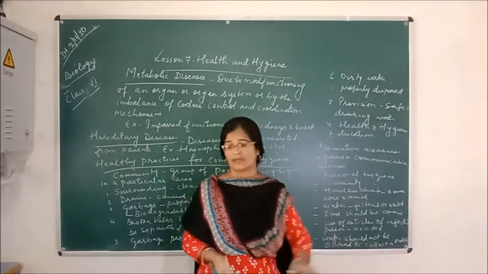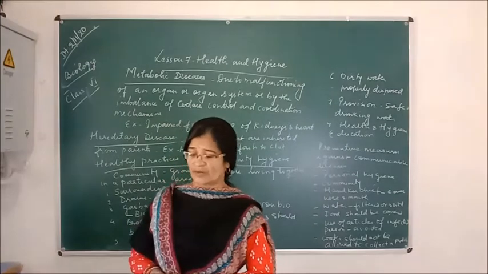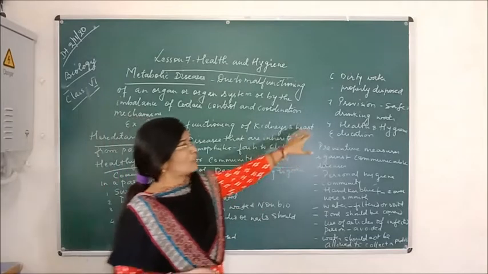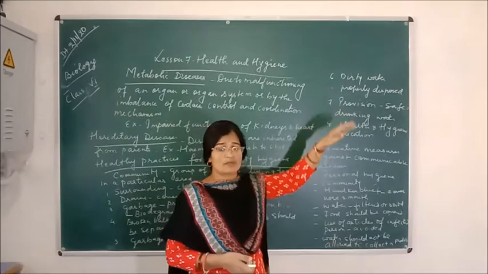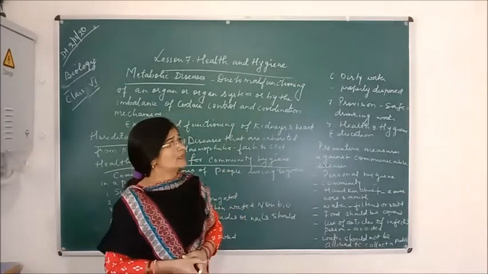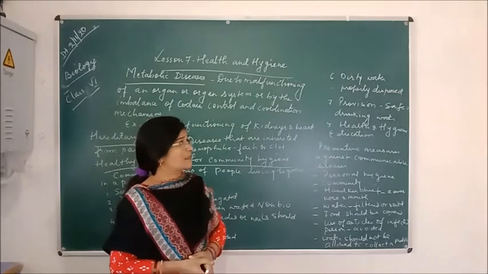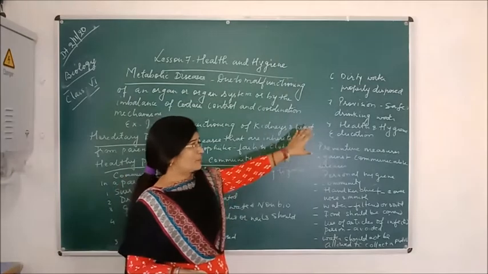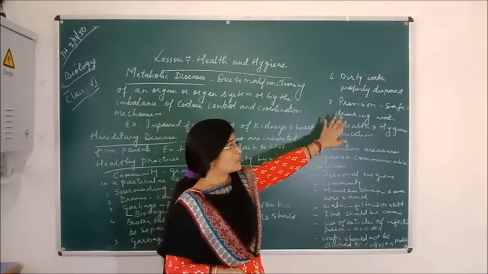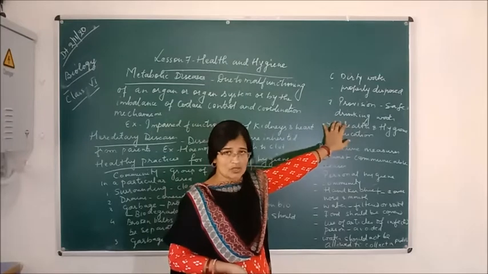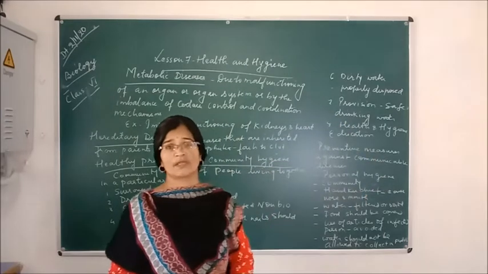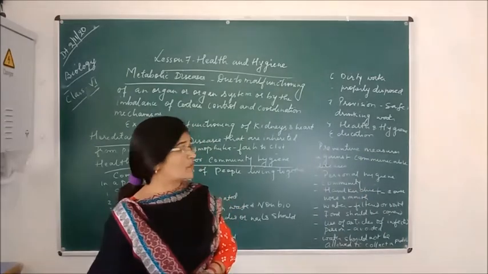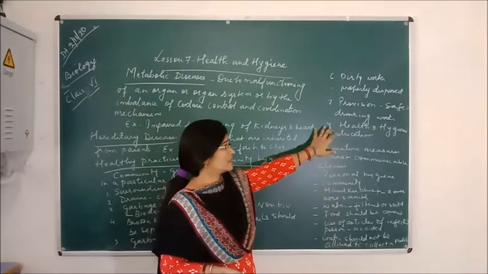Dirty water which is collected in the puddles, or the dirty water which comes out from the homes, should be properly disposed of. Another main point for community hygiene is that provision for safe drinking water should be there in the community, in the locality or in the colony, so that the people do not suffer from any kind of diseases.